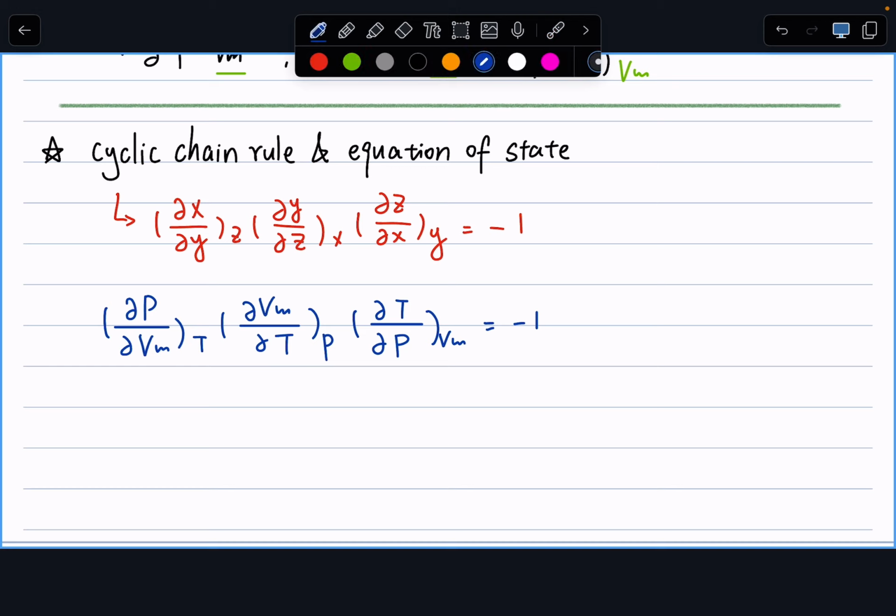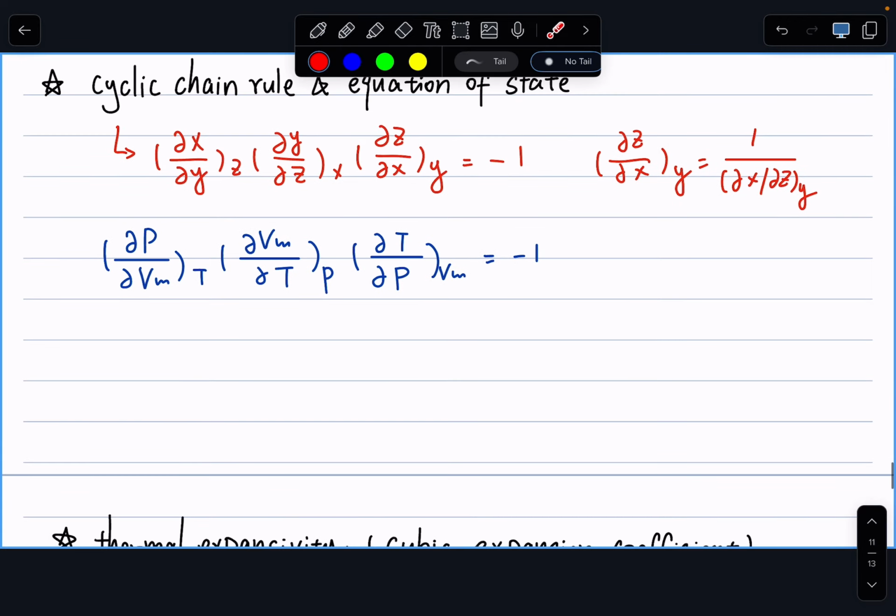Now, in this case, using the same relationship, dz over dx at constant y equals 1 over dx over dz at constant y again. So what we can do is focus on just one of these terms. I'm randomly picking the dP over dT at constant volume.